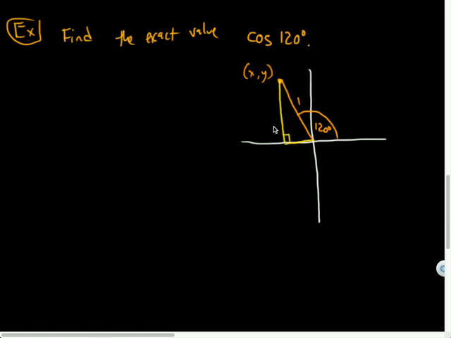If I want to figure out cosine of 120 degrees, cosine is going to be the ratio of what to what? Cosine is the ratio of adjacent over hypotenuse, right? So I'm trying to figure this out.